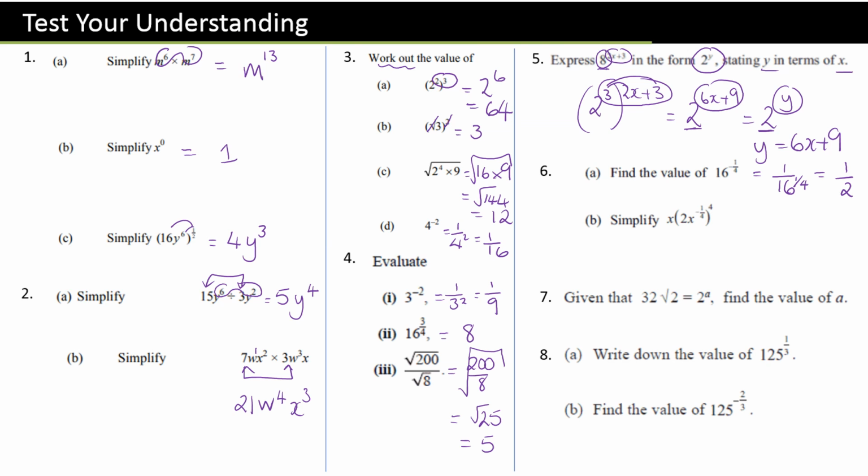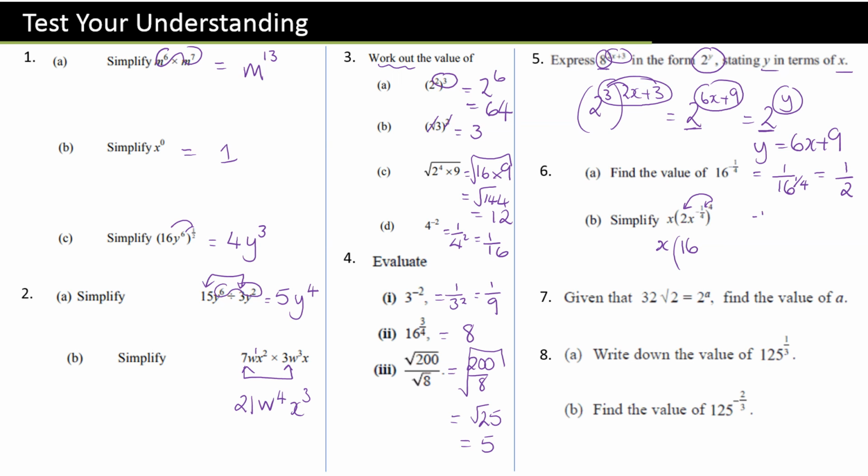Part B, the power 4 is only acting on what's inside the bracket. So we need to do 2 to the 4 and x to the minus quarter all to the 4, and leave that x on the front for now. So it's x, and then inside the bracket 2 to the 4 is 16 and x to the minus a quarter times 4.